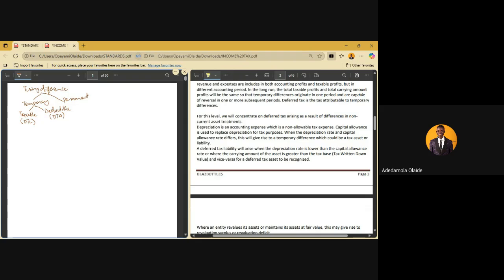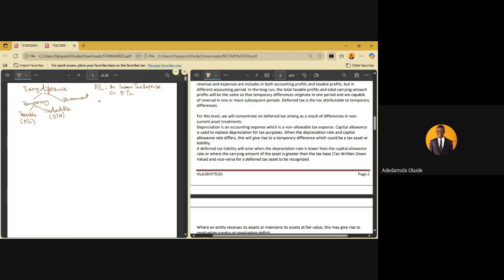And how do we recognize the deferred tax? If it is deferred tax liability, the double entry will be to debit our income tax expense, and we'll credit deferred tax liability account.